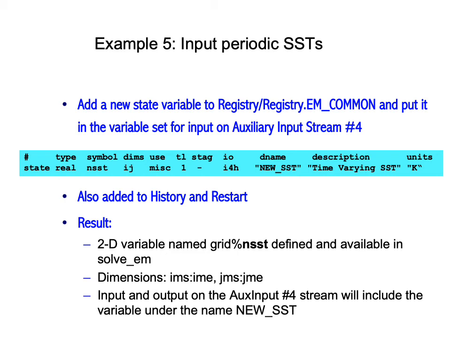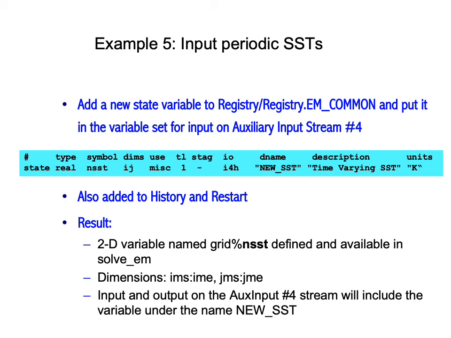So when we add this single line into the WRF model, we are going to have a brand new 2D array that's part of the grid structure. As we saw before, this variable will be defined and allocated and passed inside of the grid structure into the solve EM routine. The dimensions of this variable, because it's a 2D array, are going to be IME and JME.